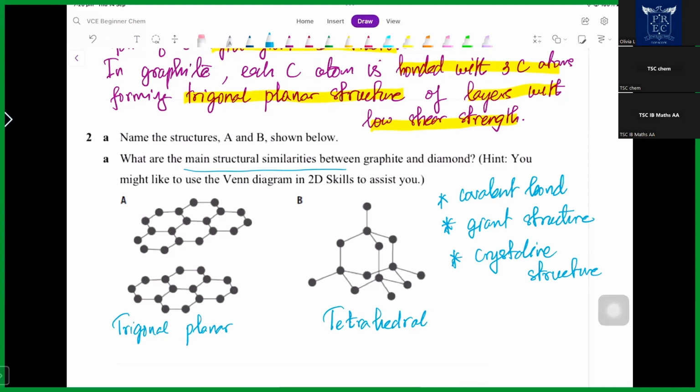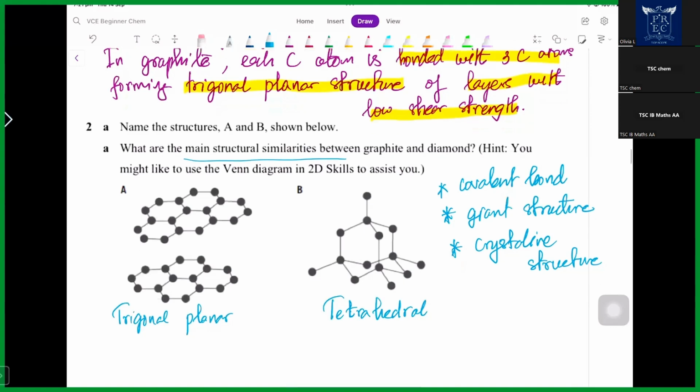They have a similar structure, extensively connected. It's not an individual molecule. Ionic compounds do not form molecules. They form positive and negative ions all interconnected. That's why they call it crystalline structure.